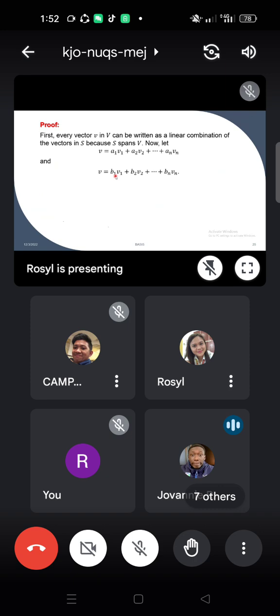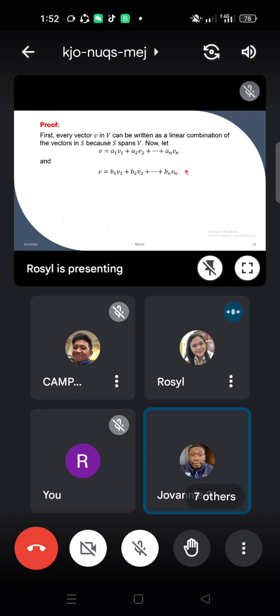Suppose that there is another linear combination for V. Then you show that a1 equals b1, a2 equals b2, until an equals bn. Isn't that your purpose here? Yes, sir. So suppose that we have another linear combination, which is V equal to b1 v1 plus b2 v2 all the way to bn vn.